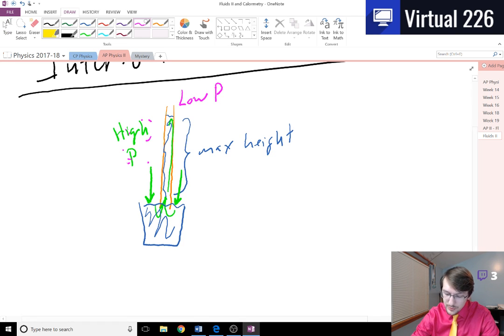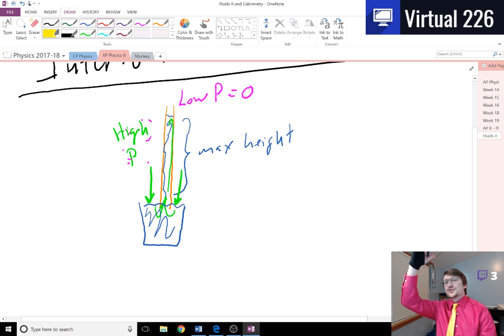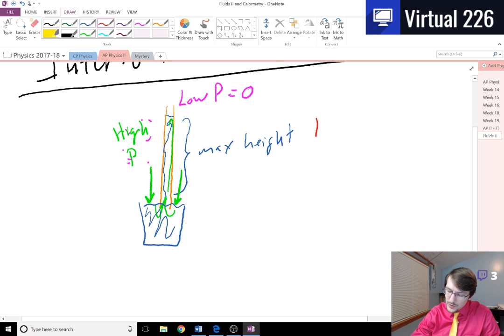Now, the lowest pressure you could ever hope to possibly create, and let's say that you do it, would be 0. But what we have to recognize is that as we get this depth of water, it in and of itself is going to create a pressure beneath it. Remember, the pressure due to a column of some fluid is rho g h.